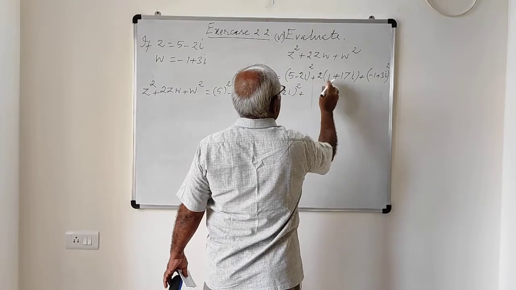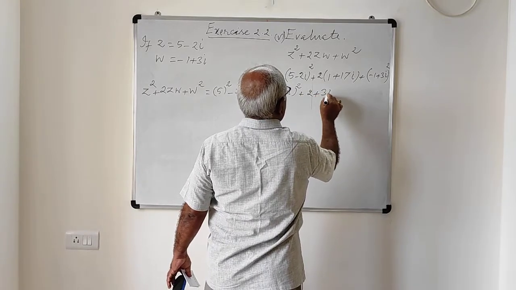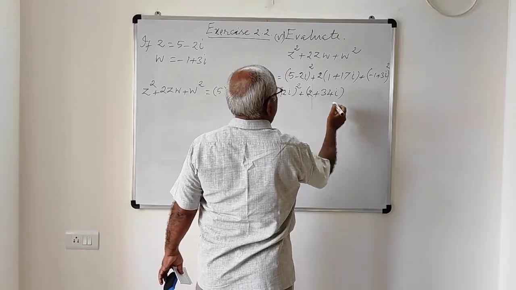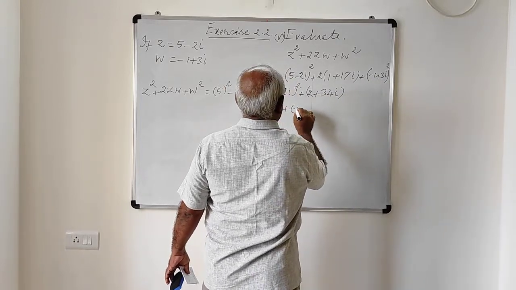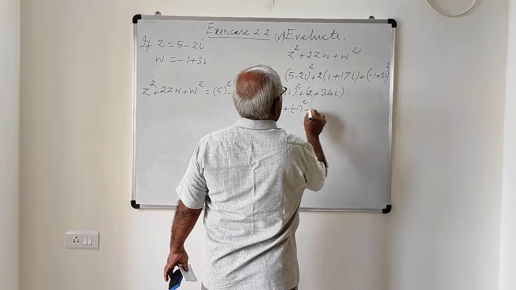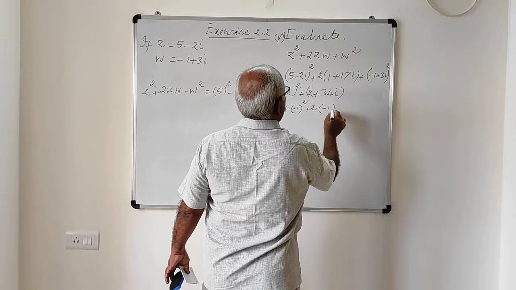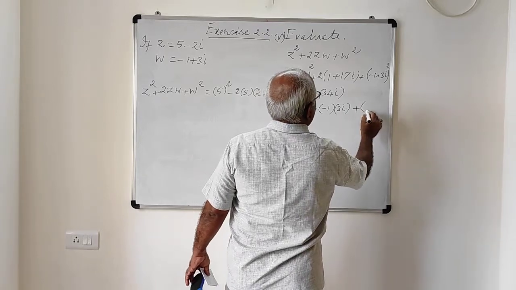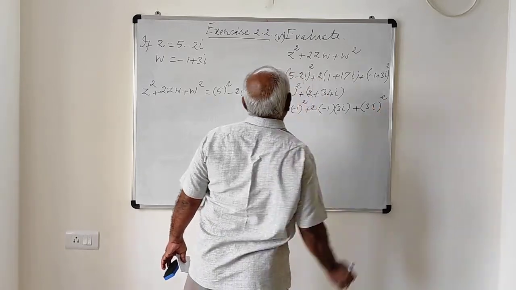And this is plus 2 into 1 is 2, plus 2 into 17i, 34i. Again this is a plus b whole square: a square, minus 1 square, plus 2ab, a is minus 1, b is 3i, plus b square, 3i the whole square.